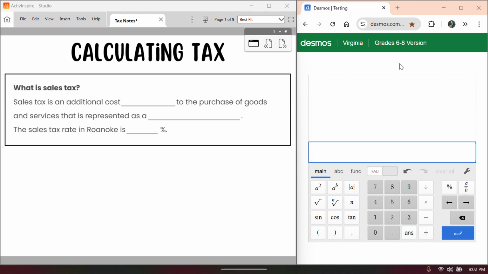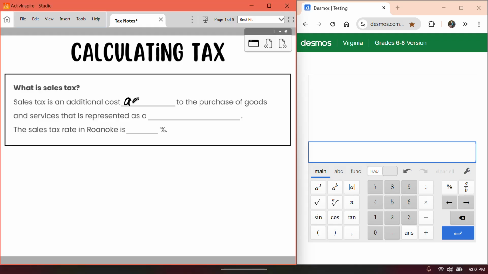The kind of tax that you encounter the most in eighth grade is called sales tax. Sales tax is an additional cost that is added to the purchase of items called goods or services. So when you go to the store, let's say you want to buy a water bottle that costs $2.